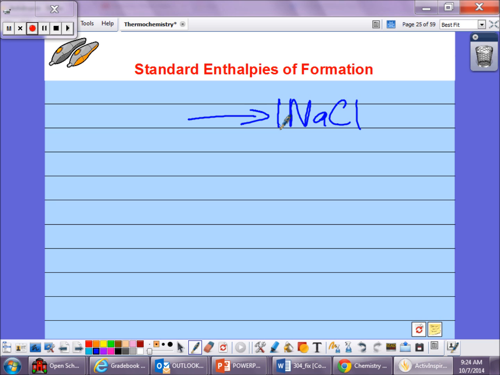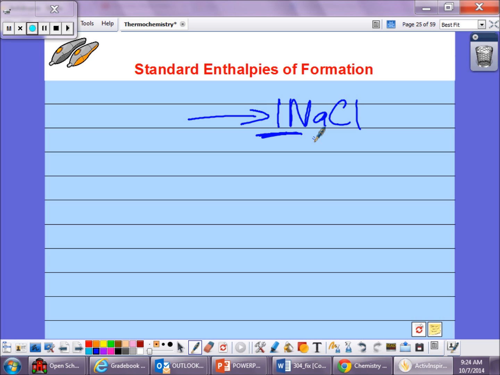Let me repeat. When they ask you to write an equation for the formation of a compound, you should always form 1 mole, always 1, and you should always have on the reactant side those elements in their standard state. Not polyatomic ions, not compounds. It has to be their elements in the standard state.